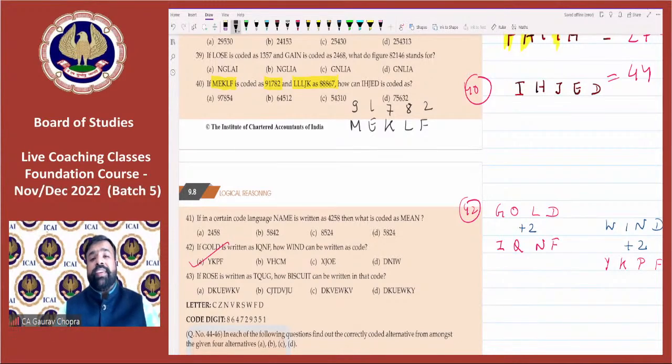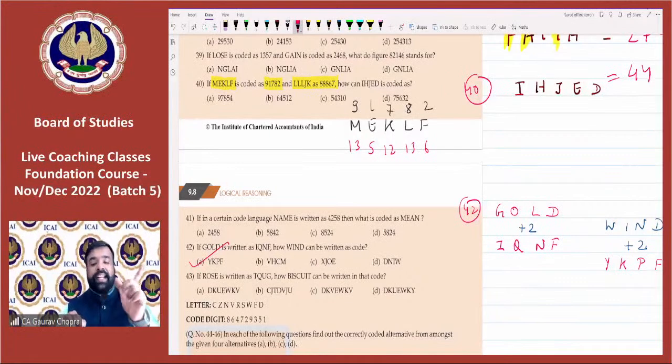That means we cannot solve them directly. There must be some other logic with the alphabetical series. So let us write the positions of all these alphabets. What is the position of M? It is 13. What about E? It is 5. K is 12. L is 13. And F is 6.